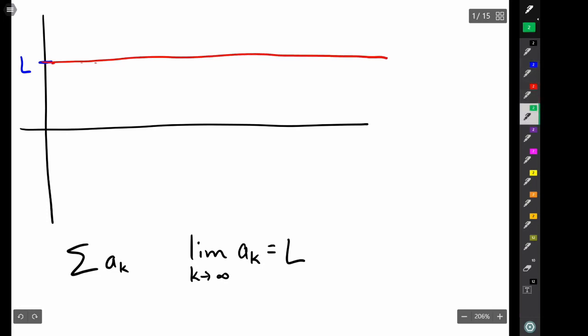If the limit of the things that we're adding up is L, what that means is, these first few terms, a_k, they can be sort of all over the place. There's no real rhyme or reason that they have to obey.